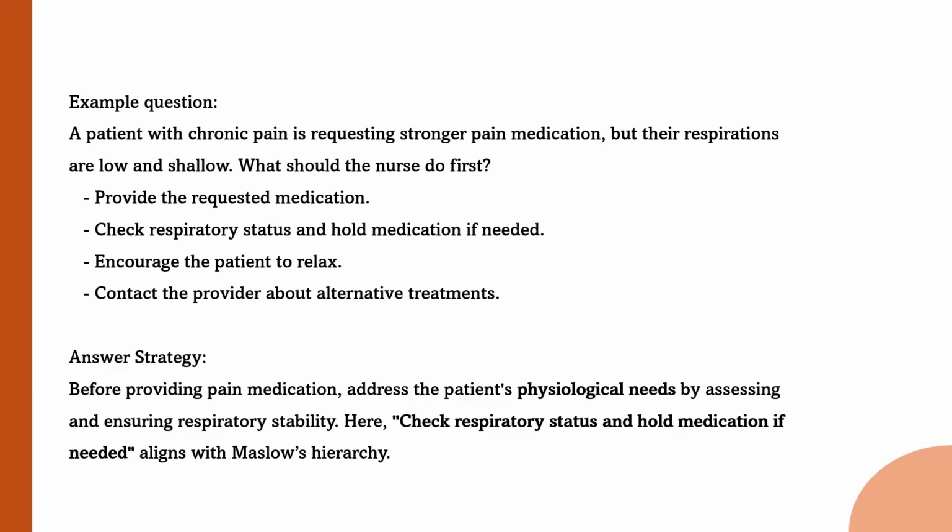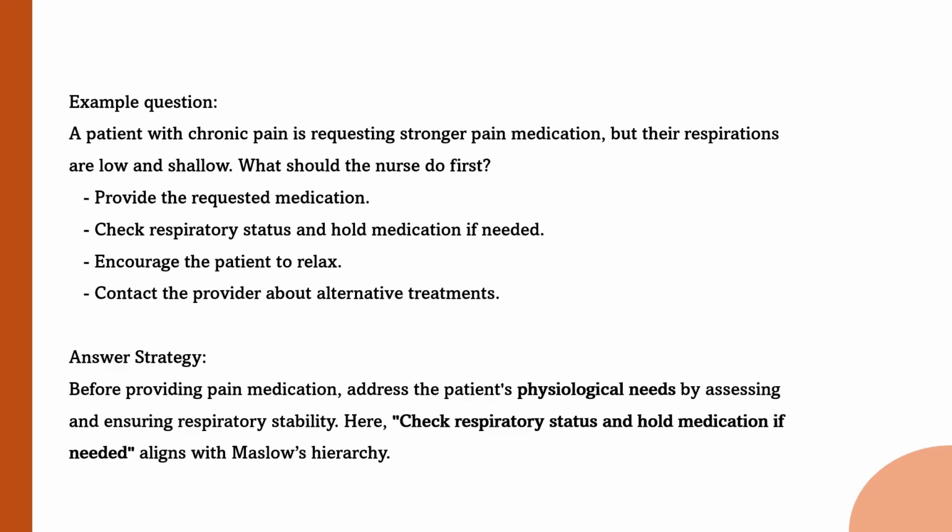Contact the provider about alternate treatment. Why, as the nurse, knowing this patient has respiration that is low and shallow, do I just want to go straight to the provider and tell them they should give alternate treatment? Why am I not telling the doctor that due to the pain medication, they have developed respiratory issues, and what should we do about it?